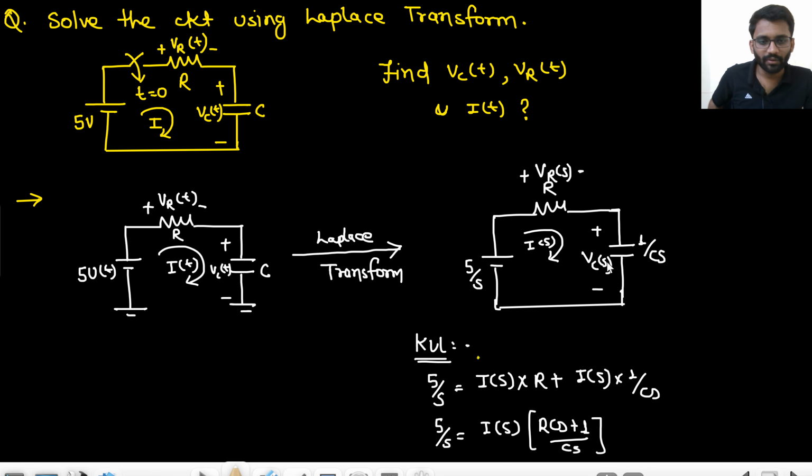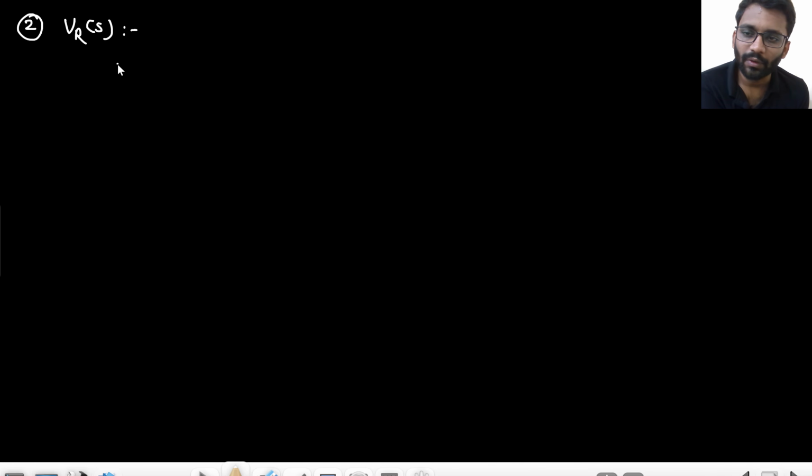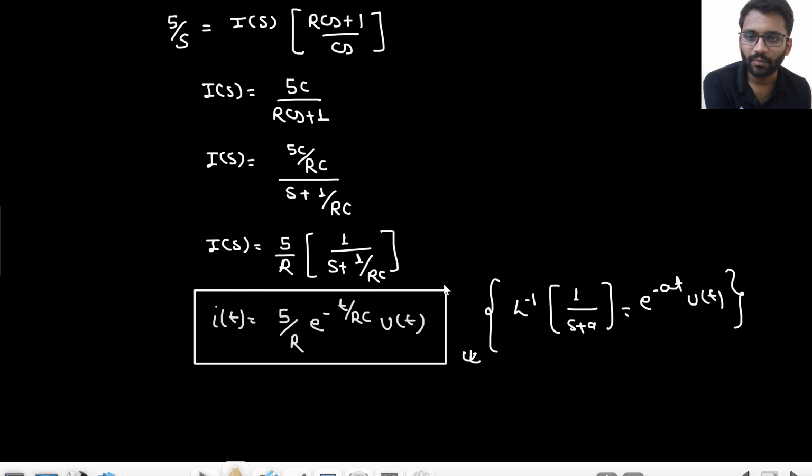Now let's talk about VR(s). Secondly we are talking about VR(s). So what is VR(s)? VR(s) is R into I(s). Whatever value we got for I(s), that is equation 1.